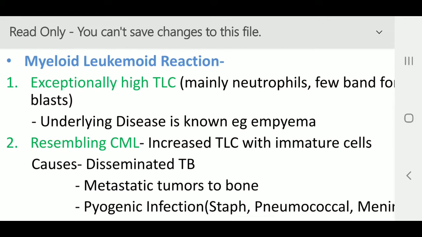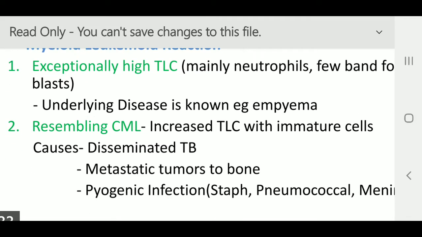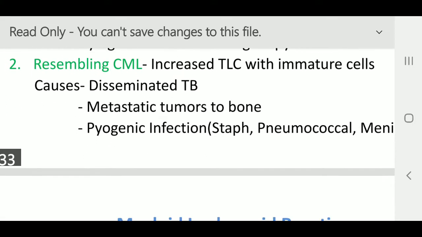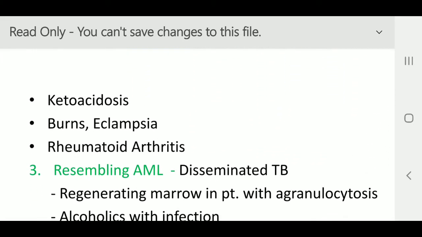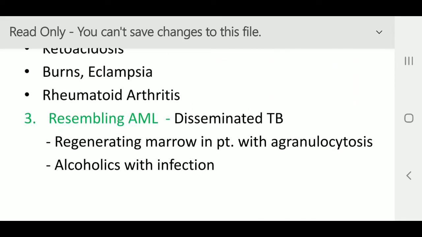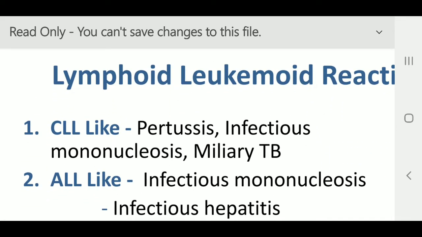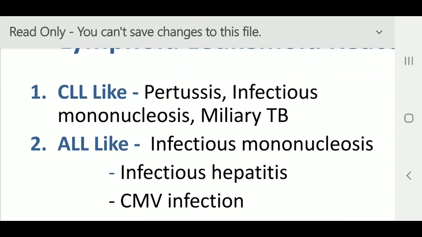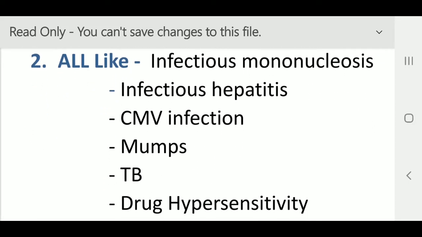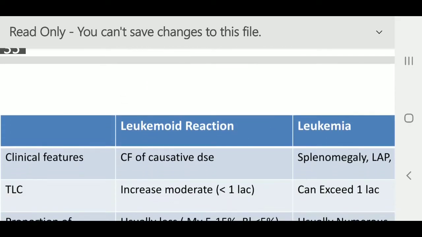You have immature cells but absence of blasts, no basophilia, and NAP will be raised. The other conditions that resemble CML are disseminated TB, metastatic tumors, ketoacidosis, or regenerating marrow in a patient with agranulocytosis. Lymphoid leukemoid reactions can occur in infections like pertussis, infectious mononucleosis, miliary TB, CMV, mumps, and tuberculosis.